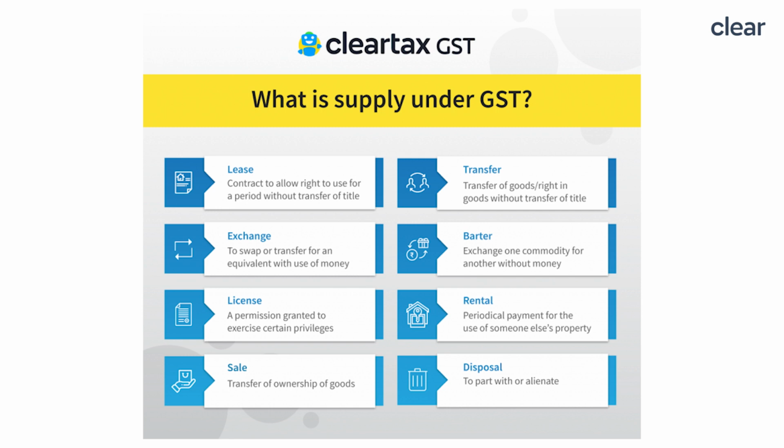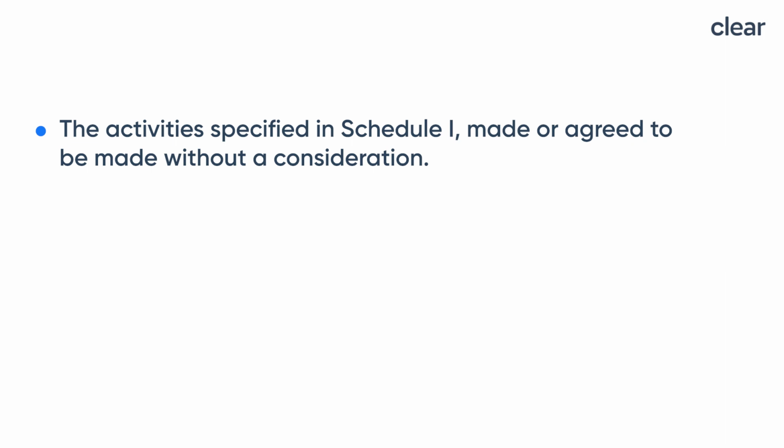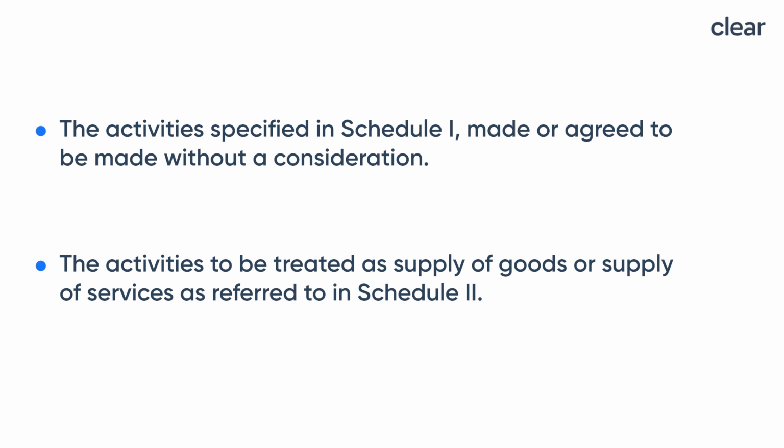You can pause the video if you would like to read and understand what each of these terms mean. Number 2. The activities specified in Schedule 1 made or agreed to be made without a consideration. And number 3. The activities to be treated as supply of goods or supply of services as referred to in Schedule 2. In a few minutes, I'll get to Schedule 1 and Schedule 2 of the CGST Act to help you understand better.